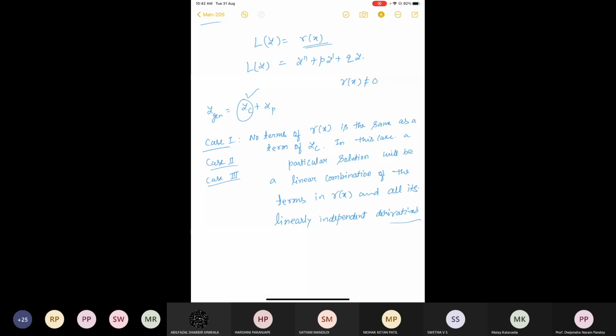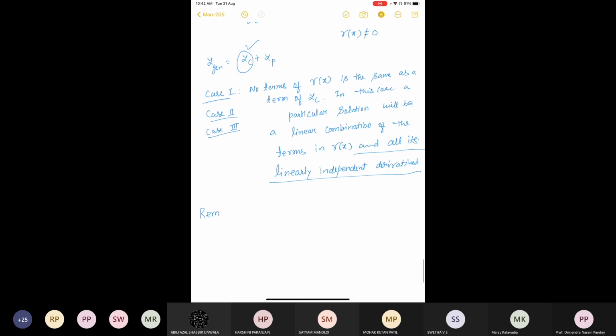Here, this is a very important thing we have encountered: everything depends on this r(x). So first, a very, very important remark.